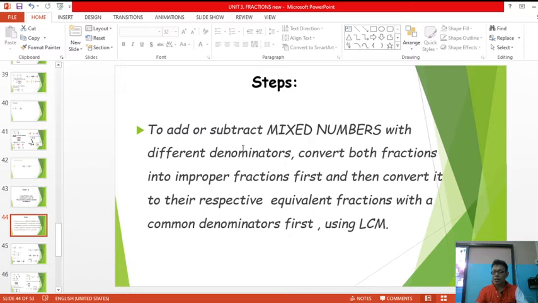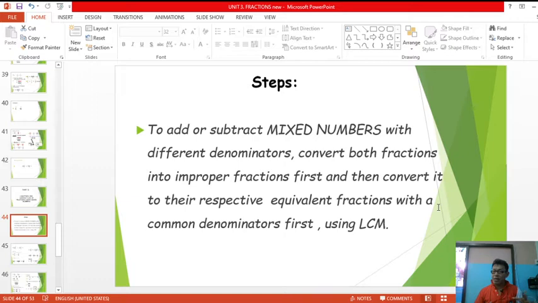Let me read this one more time. To add or subtract mixed numbers with different denominators, convert both into improper fractions first, and then convert them to their respective equivalent fractions with a common denominator. For this you're going to use LCM, the same thing that I've been teaching you ever since we learned about fractions.